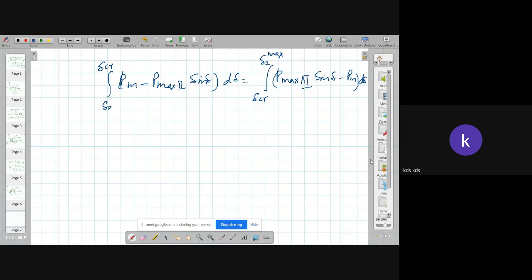These two integrations give the accelerating and decelerating areas. Delta max can be easily written as pi minus sine inverse of PM over P max 3.